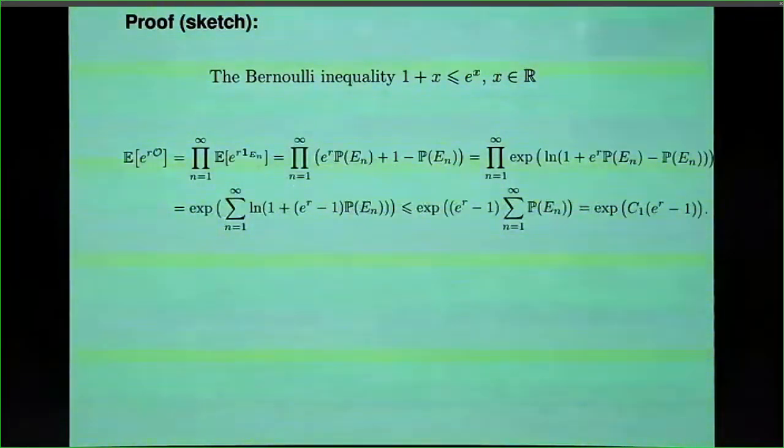So here we have the expectation of e to the R, and if you look at the case distinction, we have 0 or 1. You can really write it down as this kind of expression.